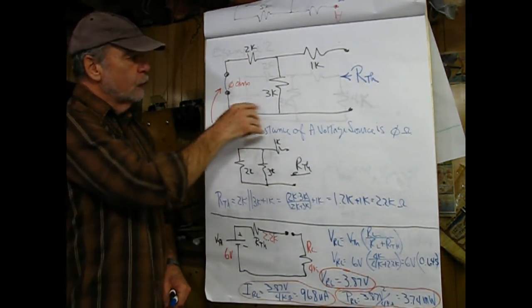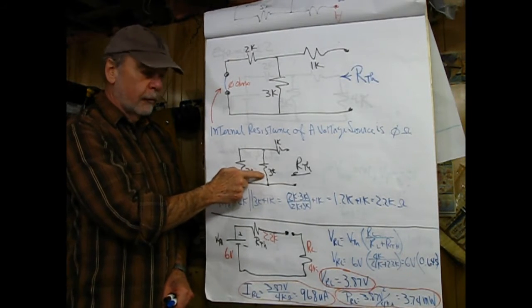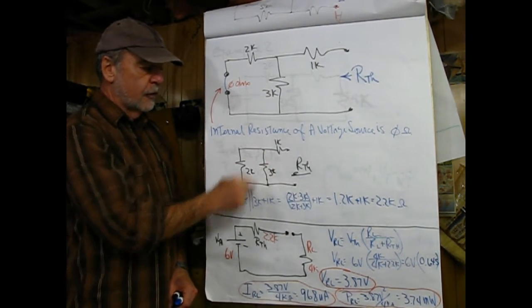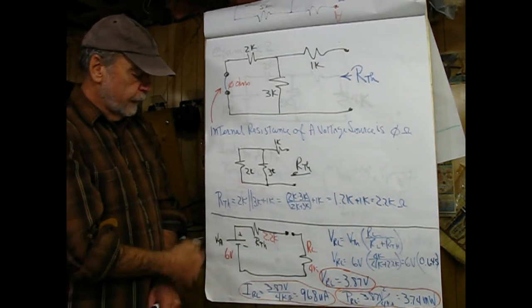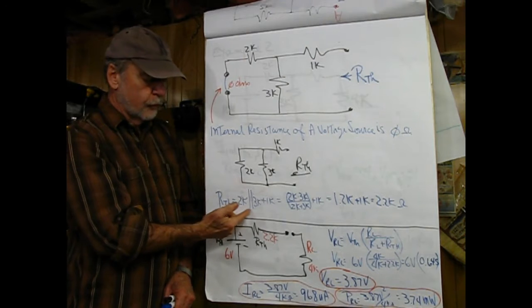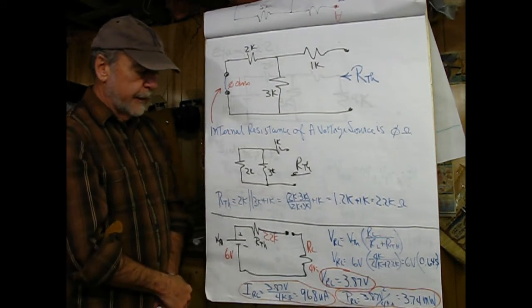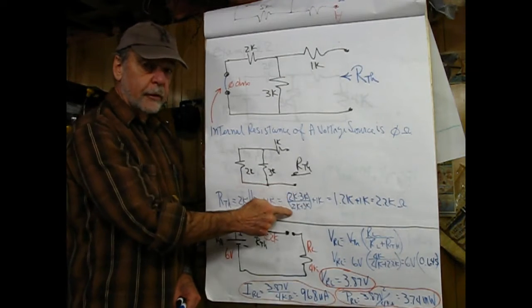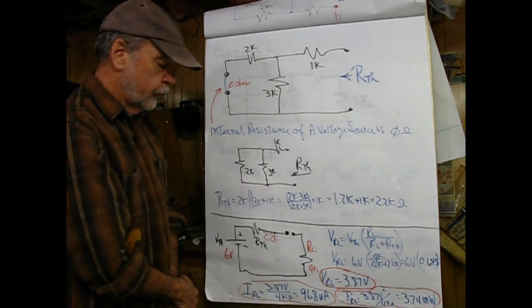So if I redraw the circuit to make it a little clearer, we have 2K in parallel with 3K, and that combination is in series with 1K. So working out the math, RTH equals 2K in parallel with 3K, using product over sum, plus 1K, and that gives us 2.2K ohms.